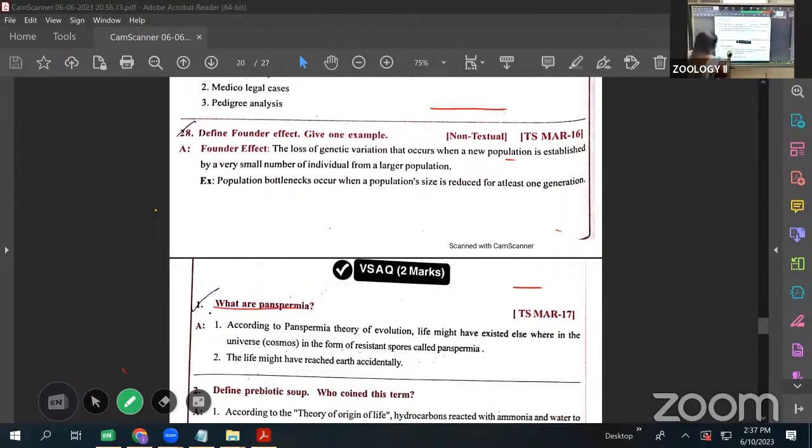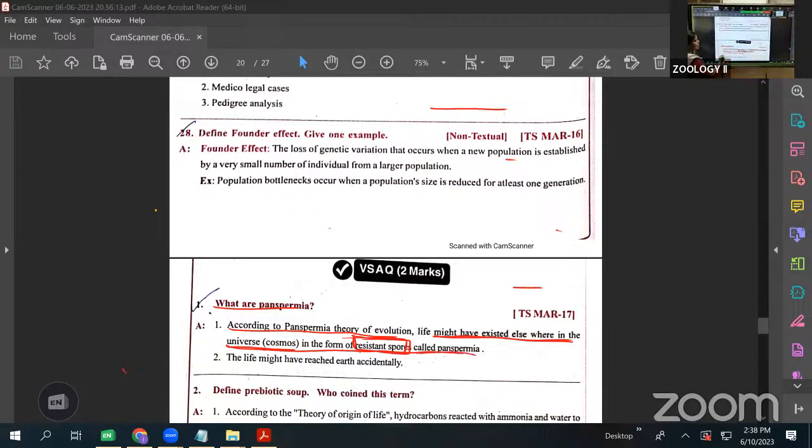According to the panspermia theory, which is one theory of evolution, life might have existed elsewhere in the universe, the cosmos, in the form of resistant spores. Life existing in the form of spores is called panspermia.